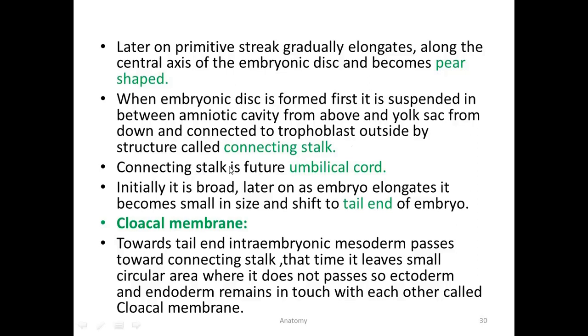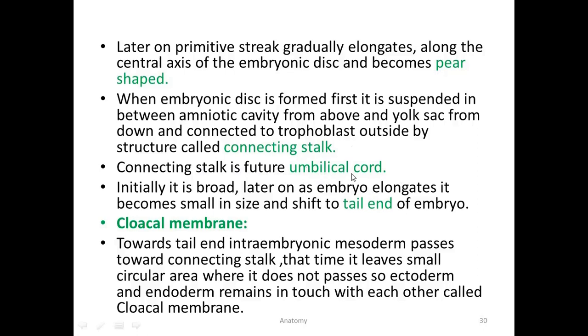In future, this connecting stalk gets elongated, becomes a tubule-like structure, and this is nothing but the umbilical cord, which is the main connection between the placenta and the developing baby. By that time, the placenta gets developed, and then it has a connection with the developing fetus through the umbilical cord.